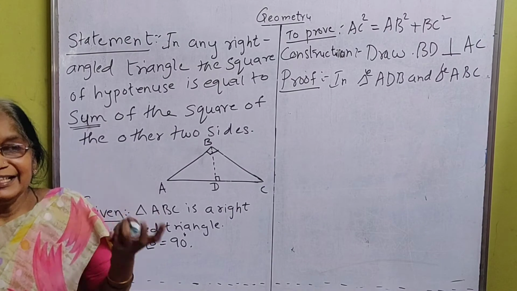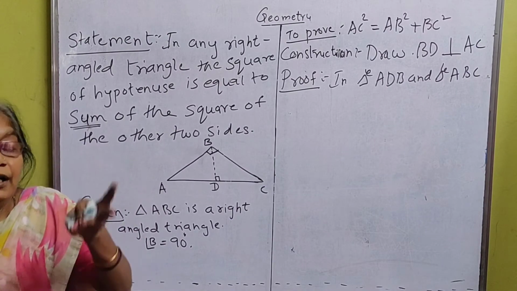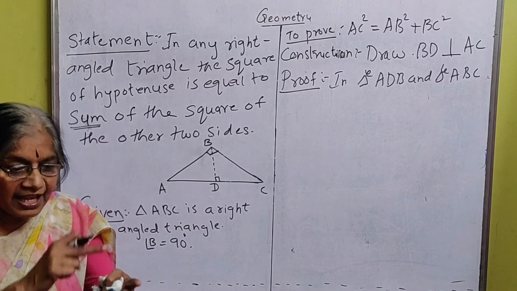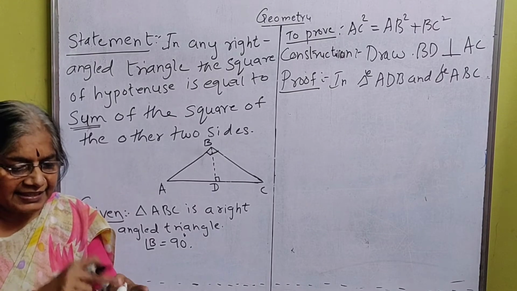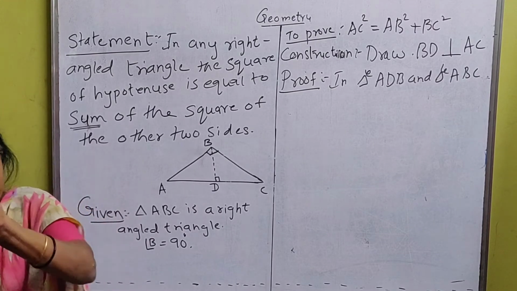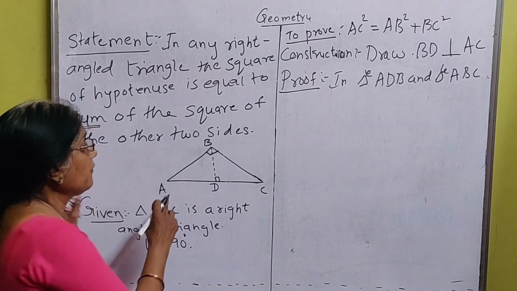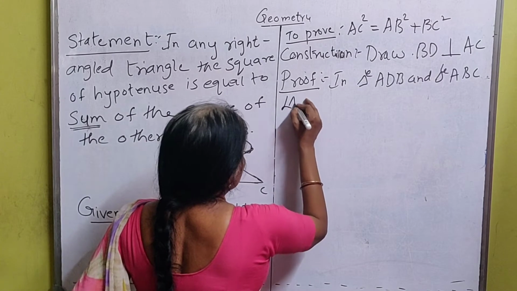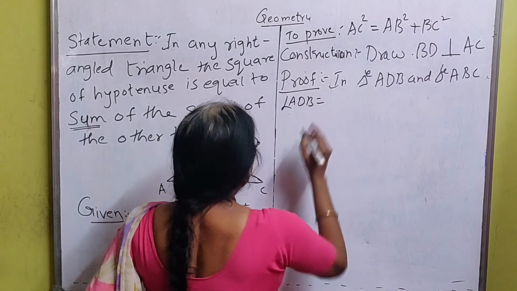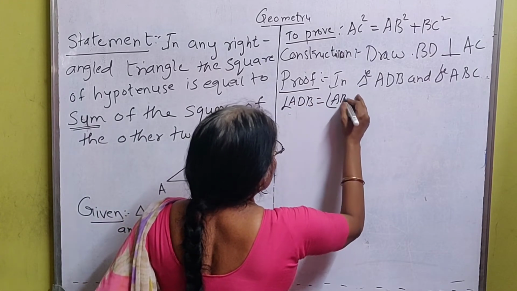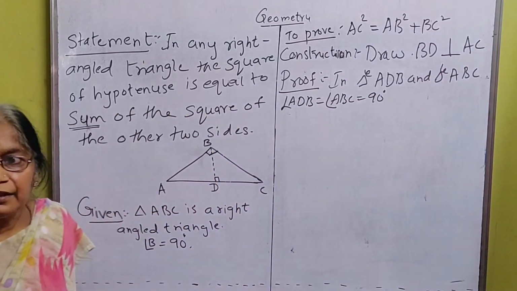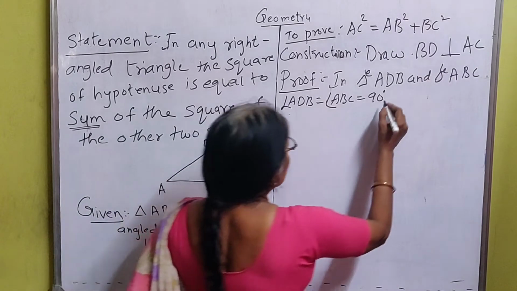We know the similarity criteria: AA, SSS, SAS. Here we are going to take the AA criteria. How? Now we know that angle ADB is equal to angle ABC, is equal to 90 degrees. What is the reason over here?